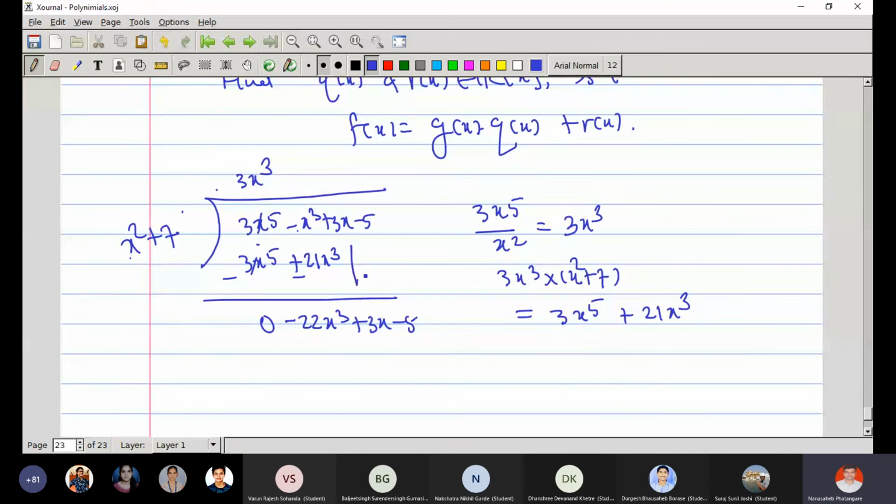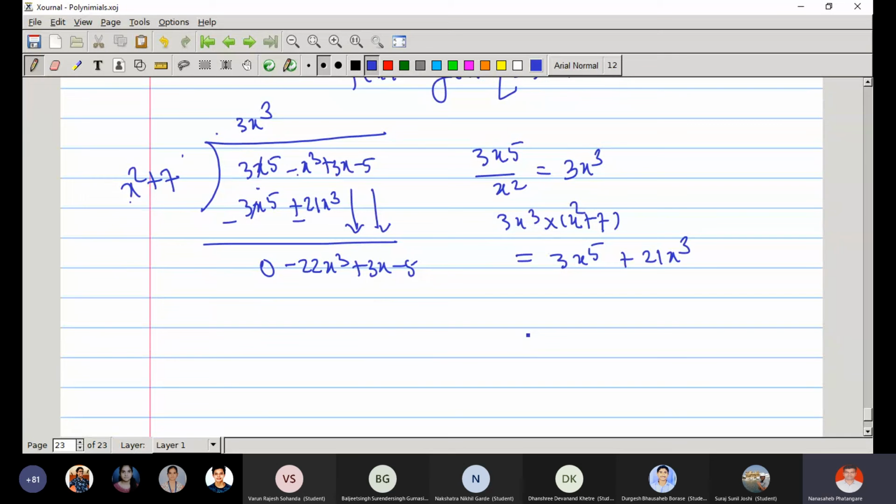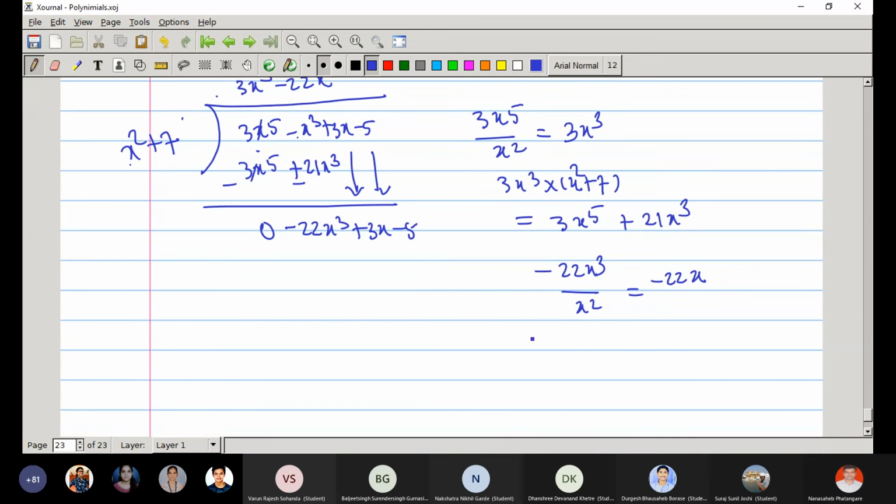Right? Do the same procedure in this step. So what is now minus 22x cube divided by x square? What remains? Minus 22x. Then minus 22x multiplied with again x square plus 7. What you get?